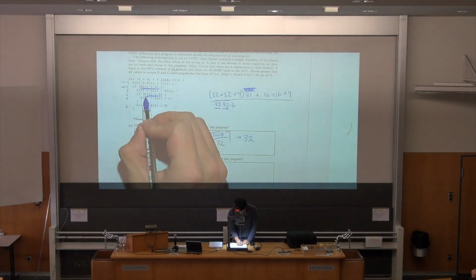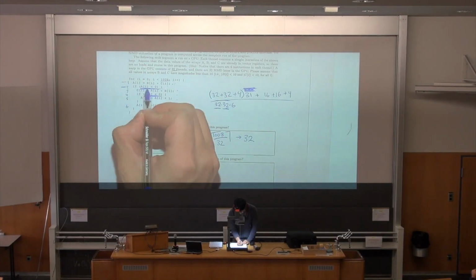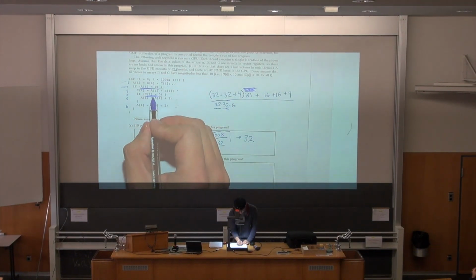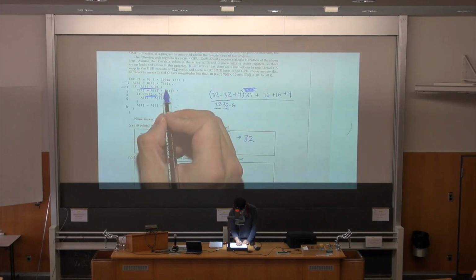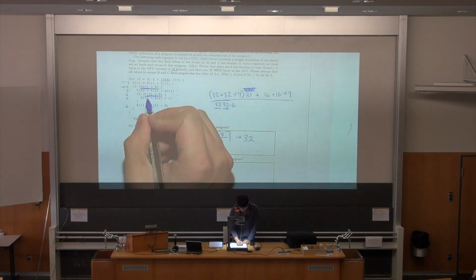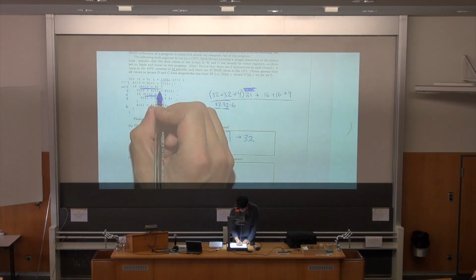If this is true and this is true, then it turns out that there's only really one case where this happens: C of I per every 32 groups is less than 0.